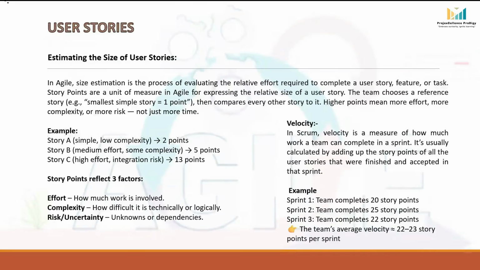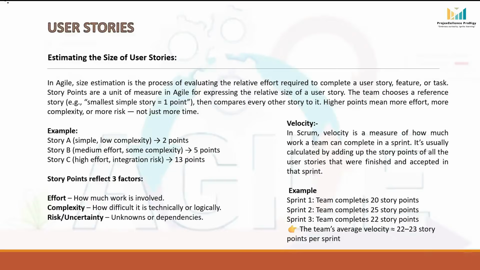Next topic, estimating the size of user stories. In Agile, we do not estimate user stories by giving them exact hours or days. Instead, teams use story points, which are a way to measure the relative size of a story compared to others. Think of it like comparing fruits.